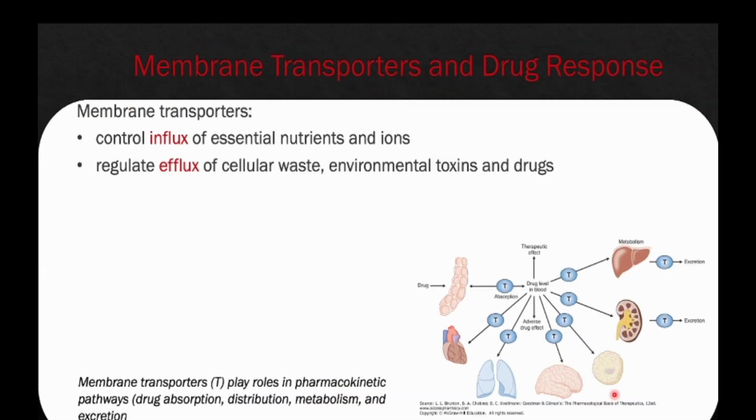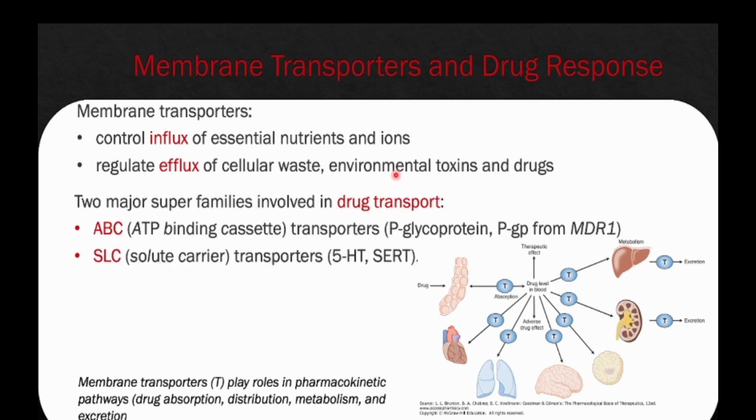If we consider membrane transporters, these control the influx of essential nutrients and ions, but they also regulate the efflux of cellular waste and also environmental toxins and drugs. There are two major superfamilies involved in drug transport.